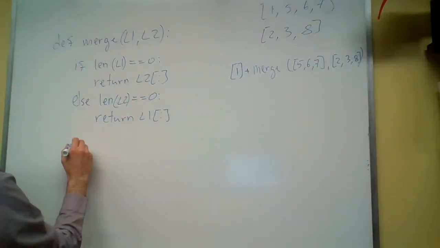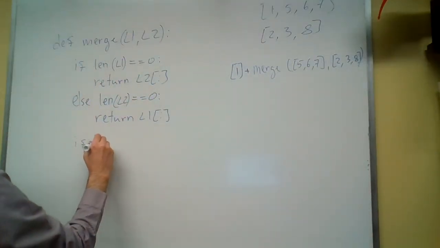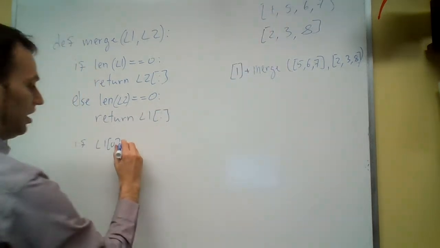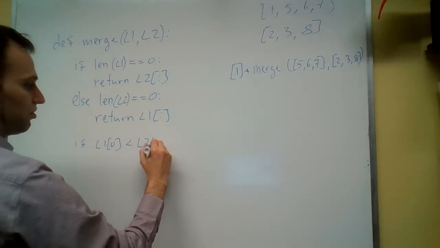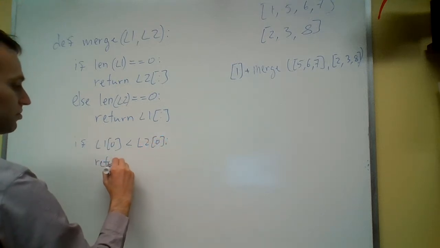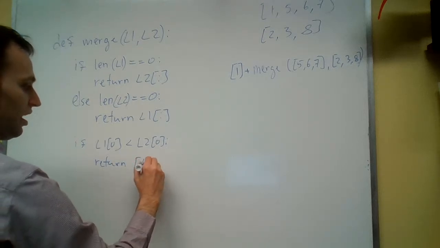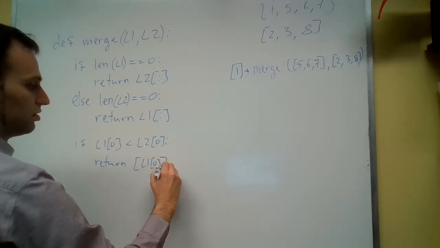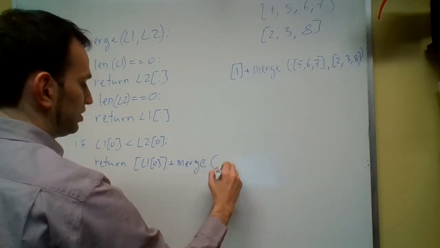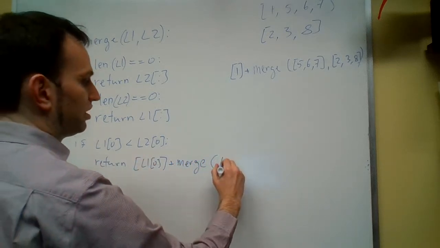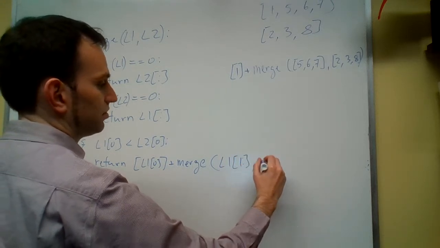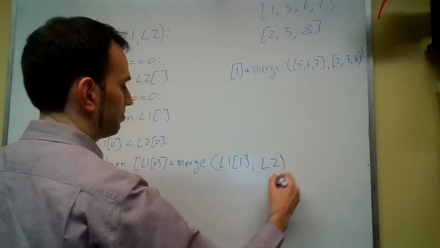What we'll say is, if L1 at 0, so this one, is smaller than L2 at 0, we need to return L1 at 0 plus merge the rest of L1, so not including the 0th element. That would be L1 from 1 and up to the end. And L2 stays the same.